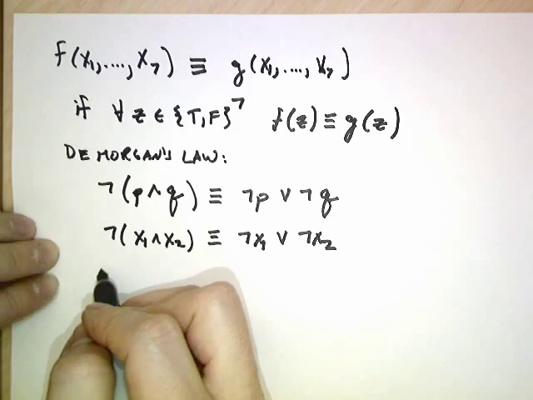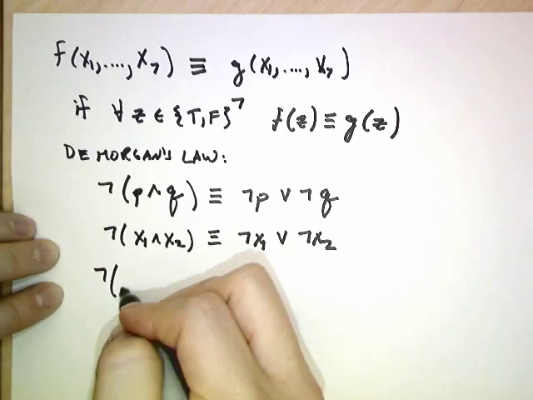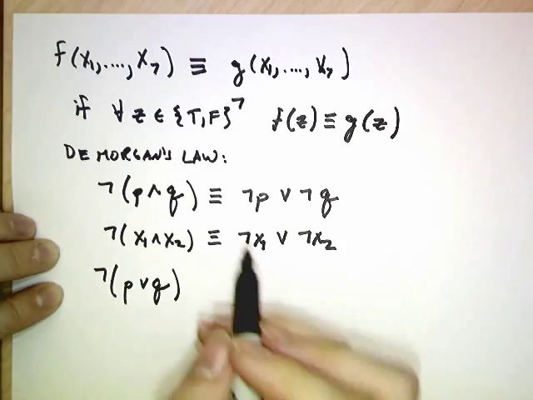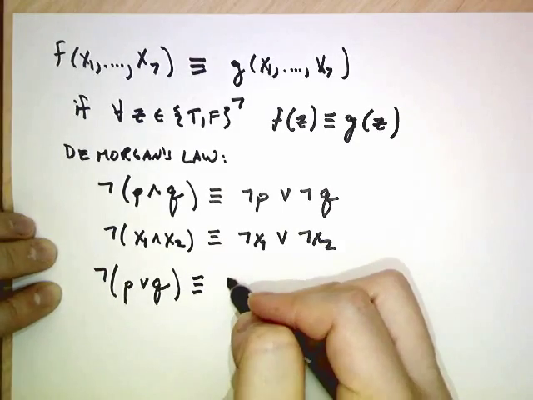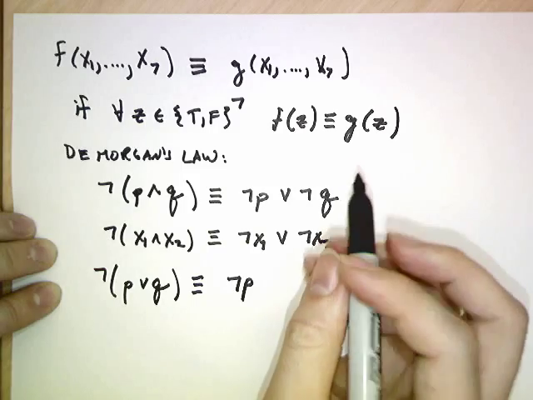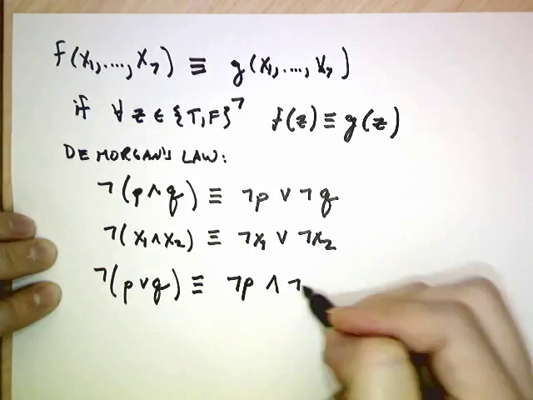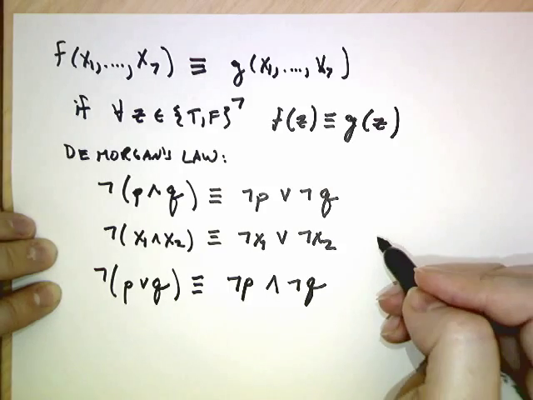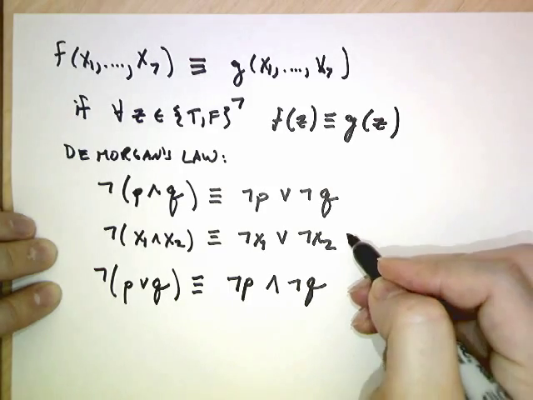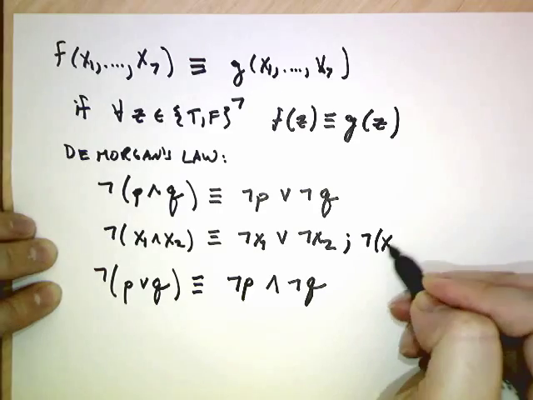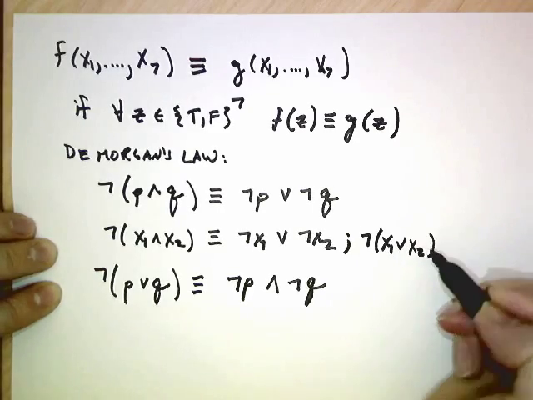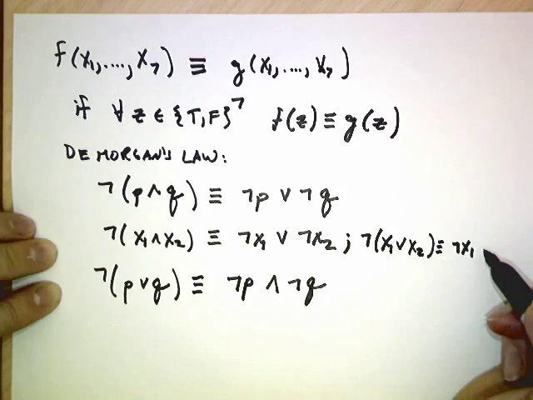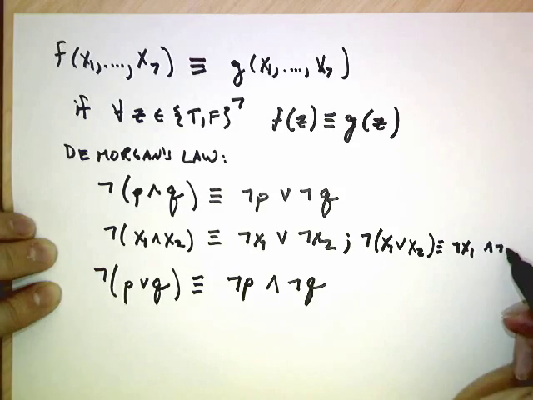And there's also part 2 of De Morgan's law, that not (P or Q), where again P and Q are formulas, is equivalent to not P and not Q. So also, for example, not (x1 or x2) is equivalent to not x1 and not x2.